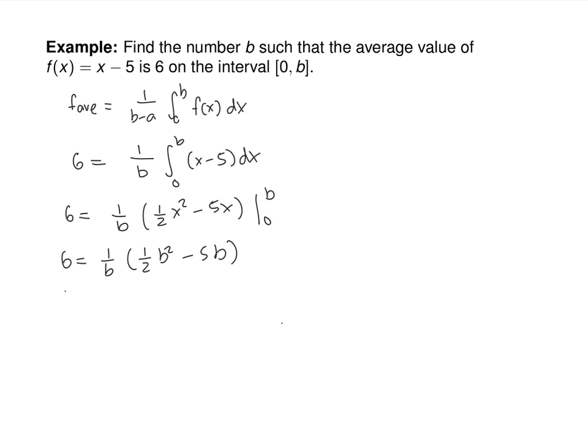Distribute that 1 over b and we get 6 equals 1/2 b minus 5. Therefore 11 equals 1/2 b, and b must equal 22. So if we take this function on the interval 0 to 22, the average value of it is 6.